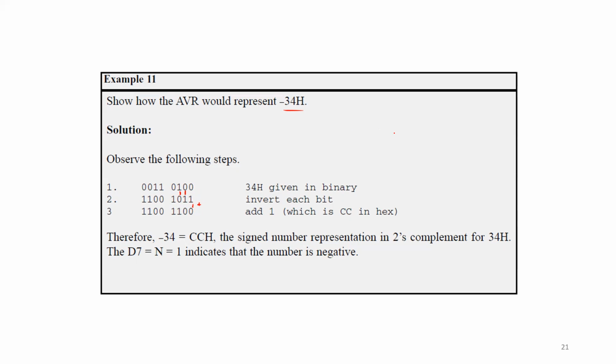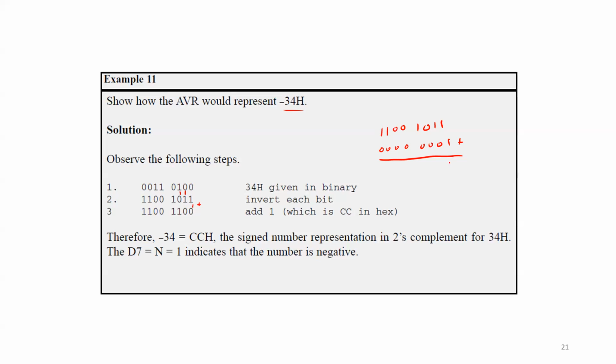Let's write it outside here, do not be confused. So 1, 1, 0, 1, 0, 0, 1, 1. We need to add 1, which means all the others would be 0 like that.